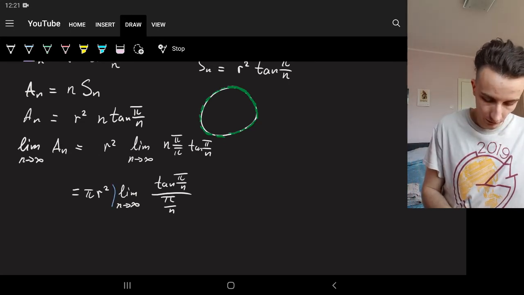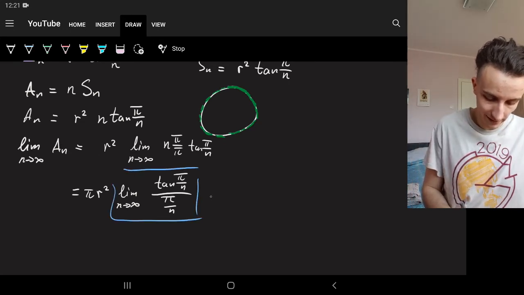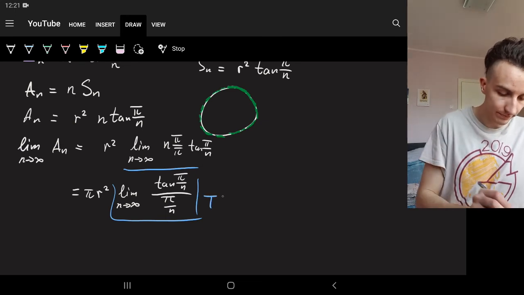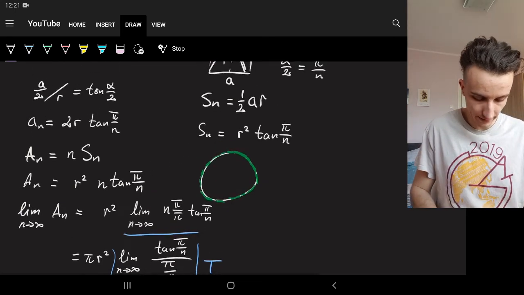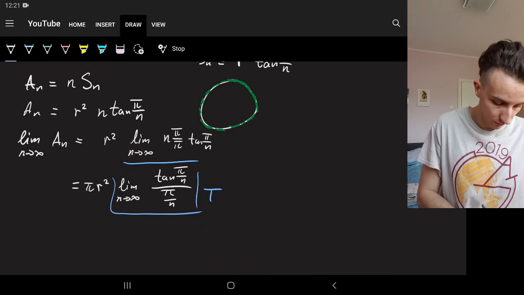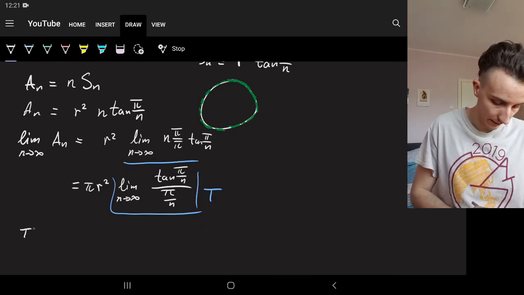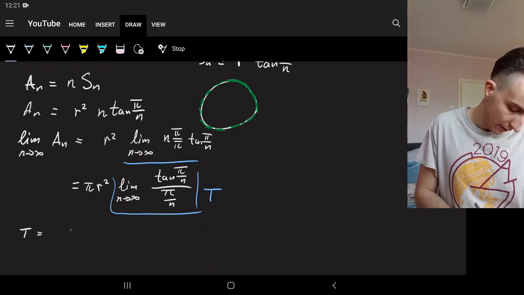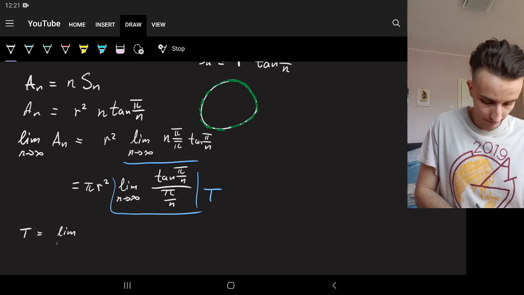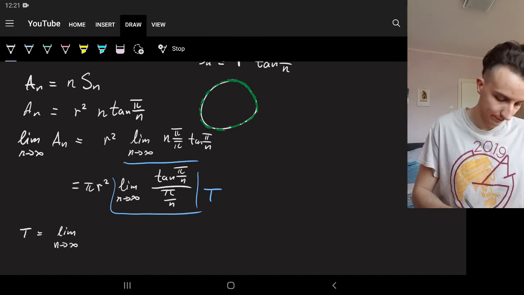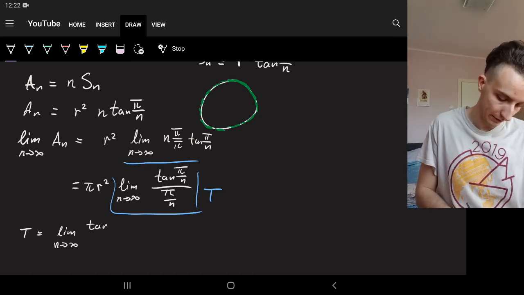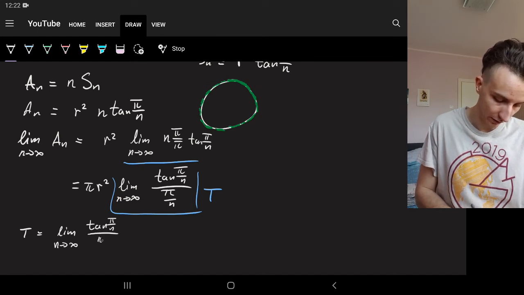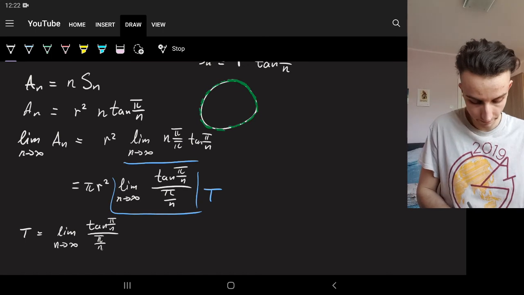And now I'm going to call this quantity t, and we're going to check what t is. So we want t to be equal to 1, and it is going to be equal to 1, and we're going to get our circle then, but we don't know that yet. So the limit is tangent pi over n over pi over n, as n goes to infinity.